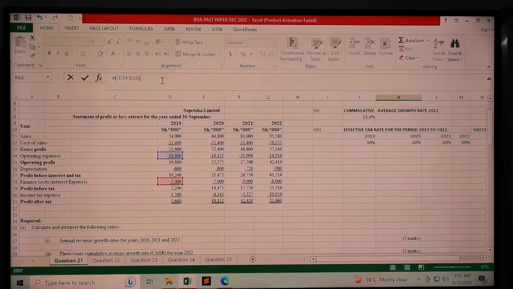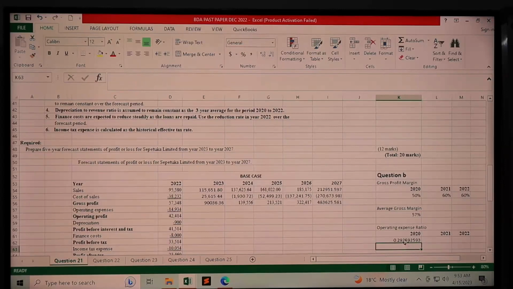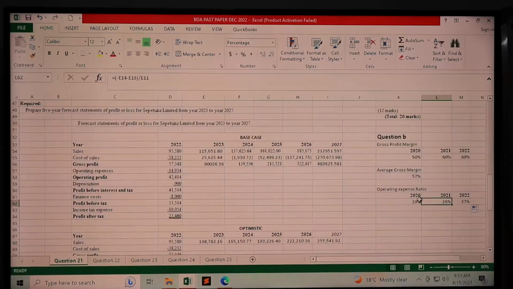Then we divide by what? Divide by sales. So what will you get? Then you convert it to percentage, and we will get 29%. Then you compute for the 3 years across the screen and get the average of this. Once you get the average, you can even indicate it here.